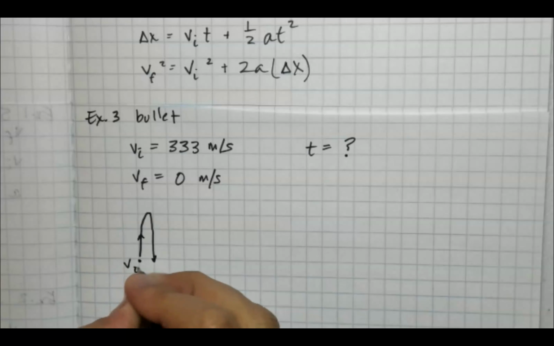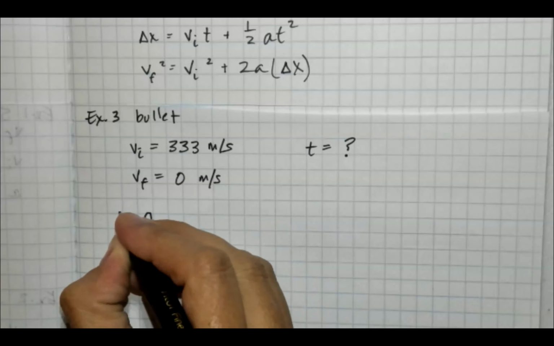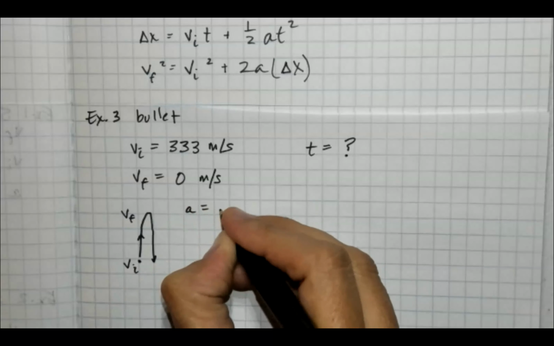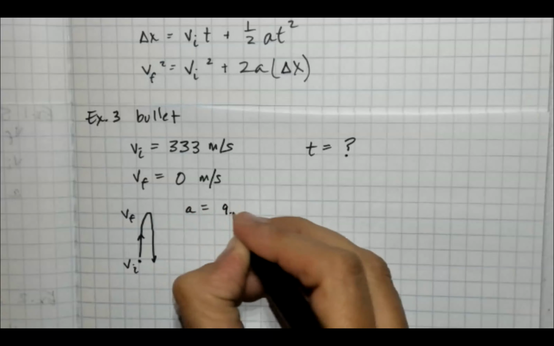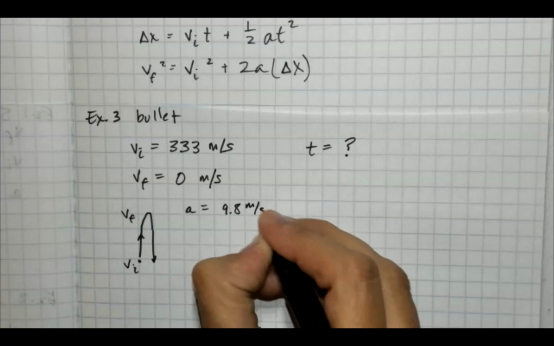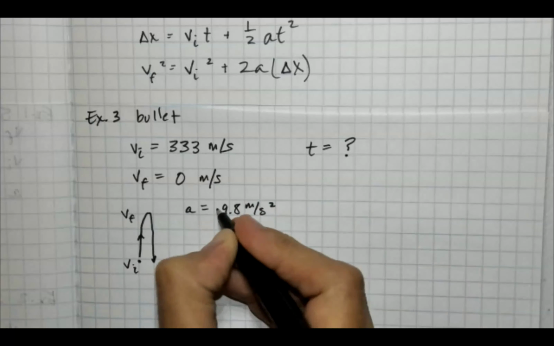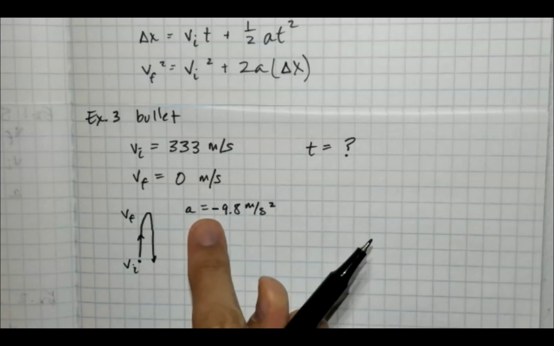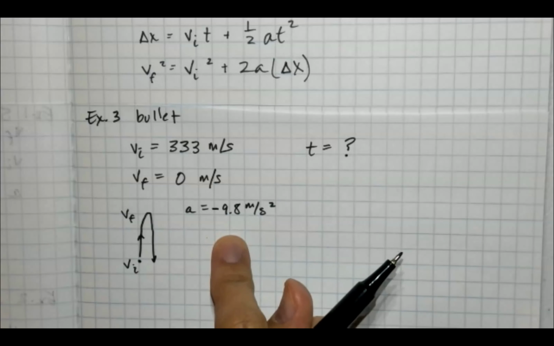I've got my initial velocity here and my final velocity here. I also know that acceleration is 9.8 meters per second squared. And they gave me a hint here. They said, use acceleration that's negative.